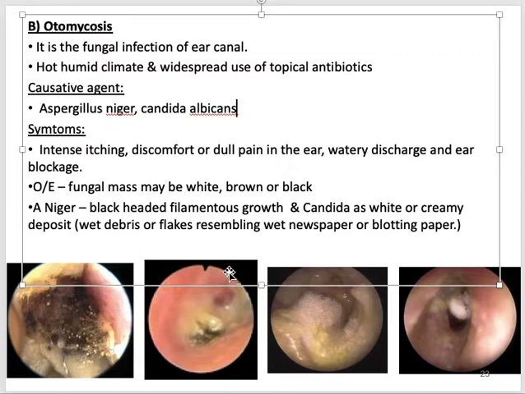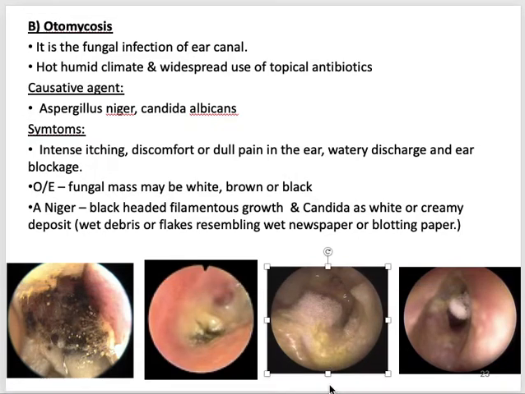And when we examine these patients, we can see a white, brown, or black type of mass depending on the fungal species which is causing this infection. So of course, we use an otoscope to examine the ears. Aspergillus niger appears black, whereas Aspergillus fumigatus appears blue or green, and Candida, remember, appears white or creamy.